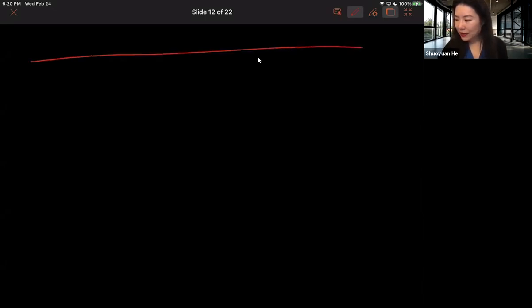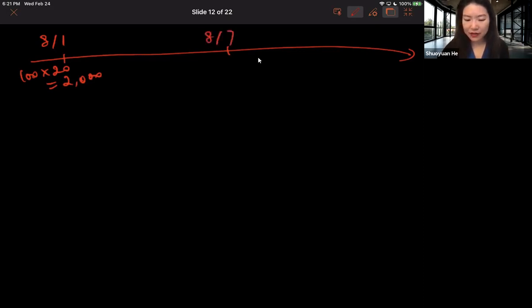So how do we do this example? The sale occurs on August 1st. Nico sold 100 boxes of chocolate to me for 20 each. So in other words, the total sales is 100 multiplied by 20, so that's 2,000. And then on August 7th, I get 450.